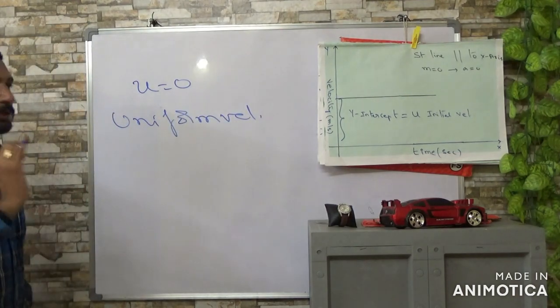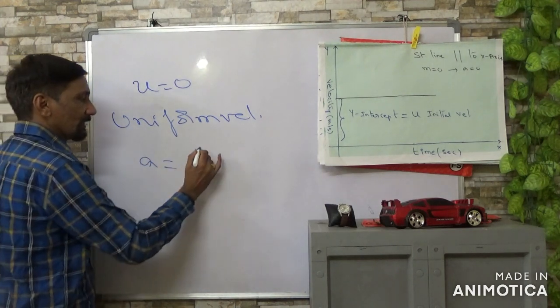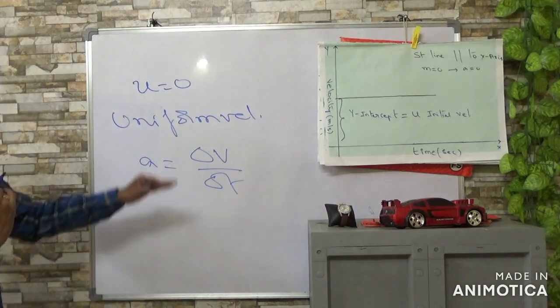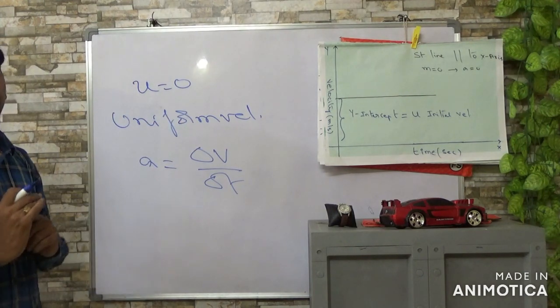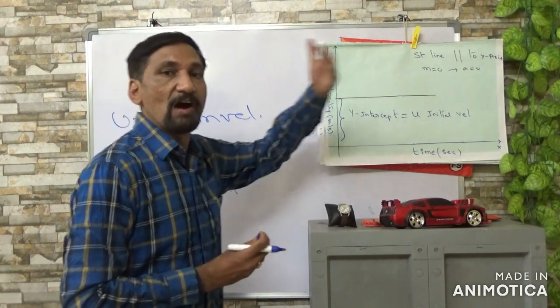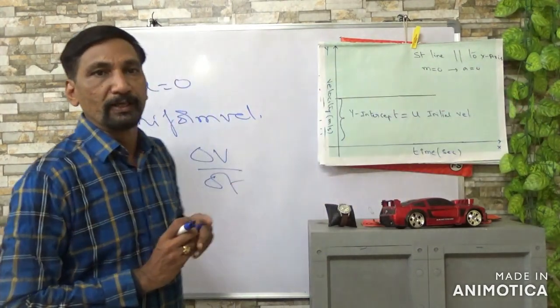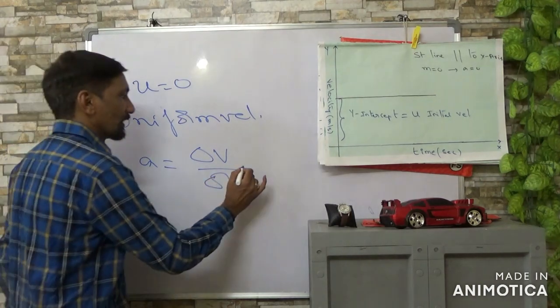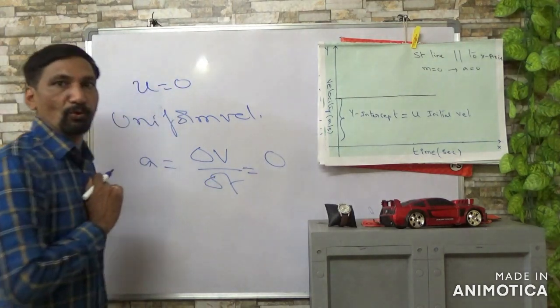Acceleration is always change in velocity by time, dv or delta v by delta t. Here, before 1 hour 40 kilometers, after 1 hour also 40 kilometers. So there is no change in the velocity of the body. That means it is 0, right?